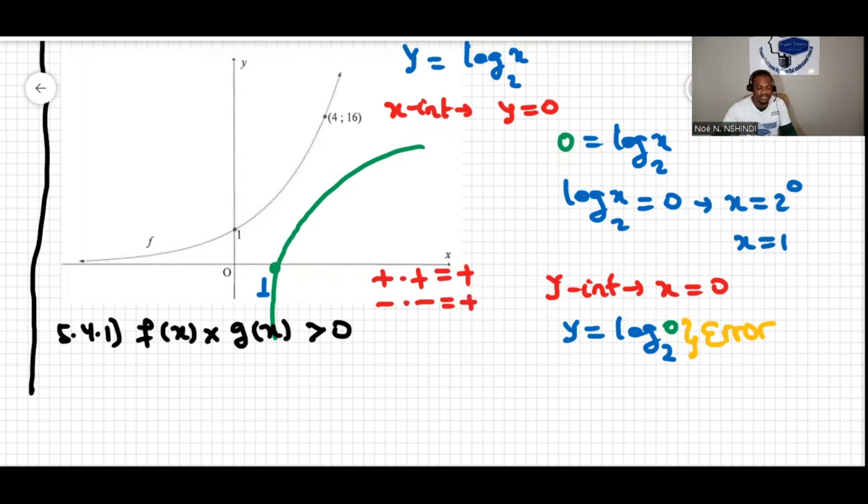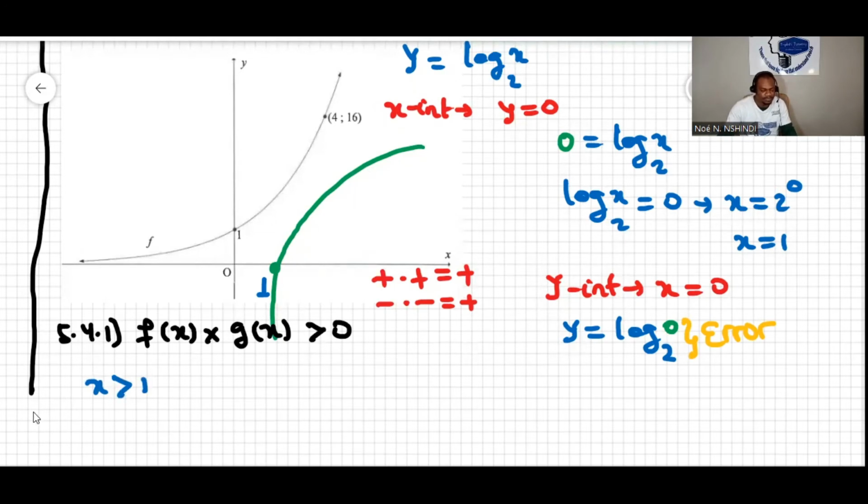We can see that the two graphs will be positive in the interval where x is greater than 1. If x is greater than 1, g will be positive, and f will also be positive. So I'll say if x is greater than 1, and then they're both negative.